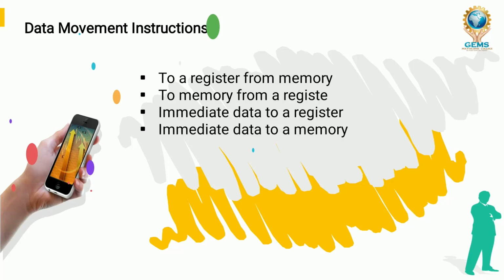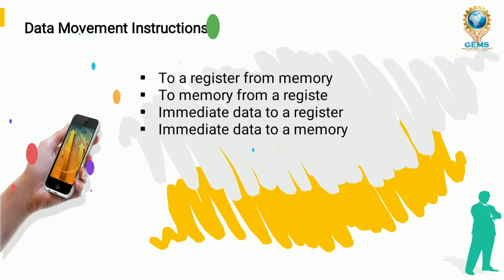Finally, all these things will happen based on data movement instructions. These data movement instructions incite the micro operations to act: data transfer from memory to register, register to memory, immediate data to a register, immediate data to a memory.